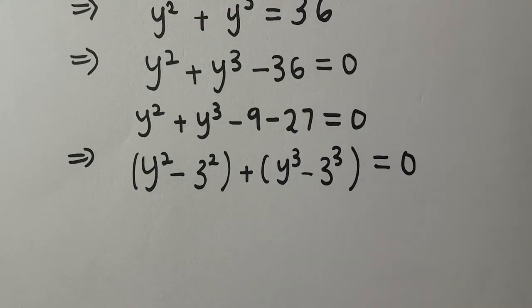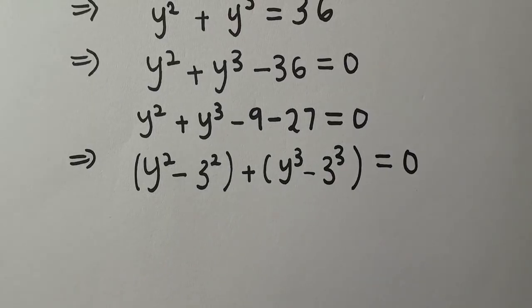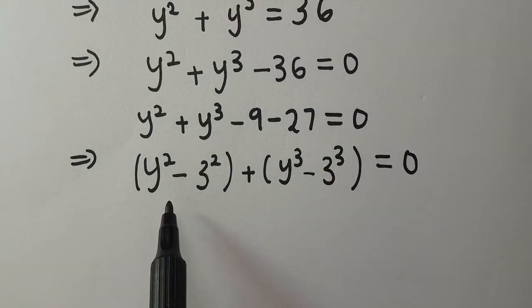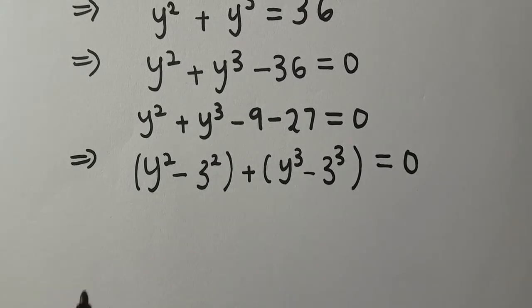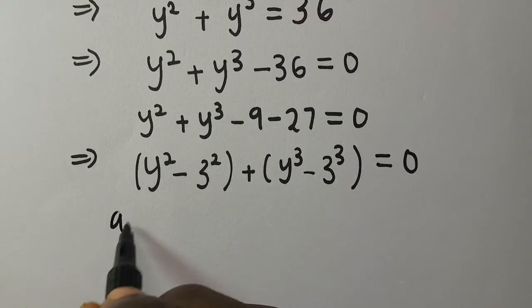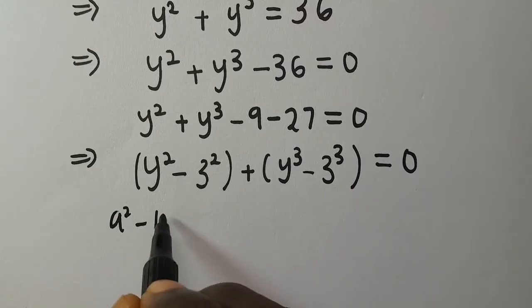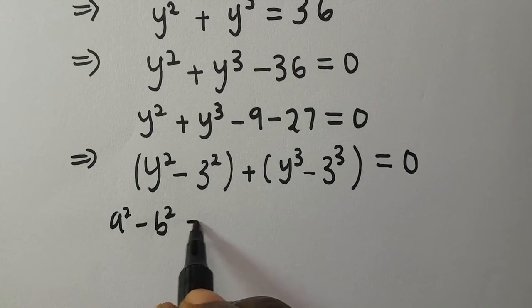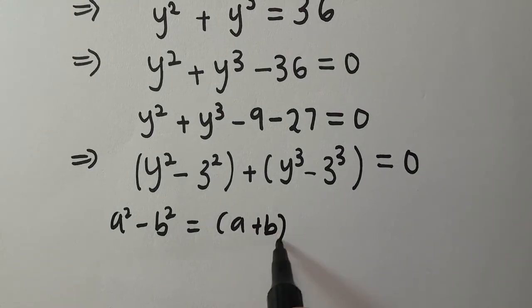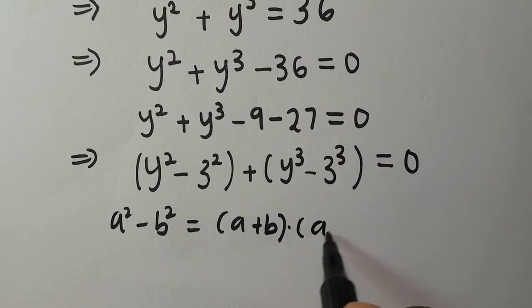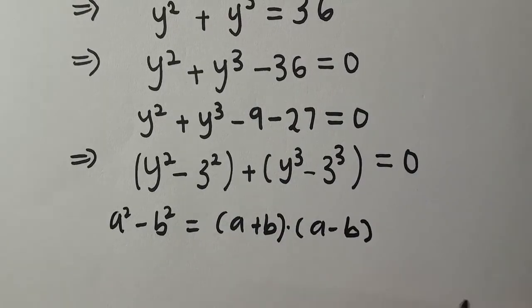Then, by applying the difference of two squares to this, and the difference of two cubes to this: when you have a to the power of 2 minus b to the power of 2, this is equivalent to a plus b in brackets multiplied by a minus b.